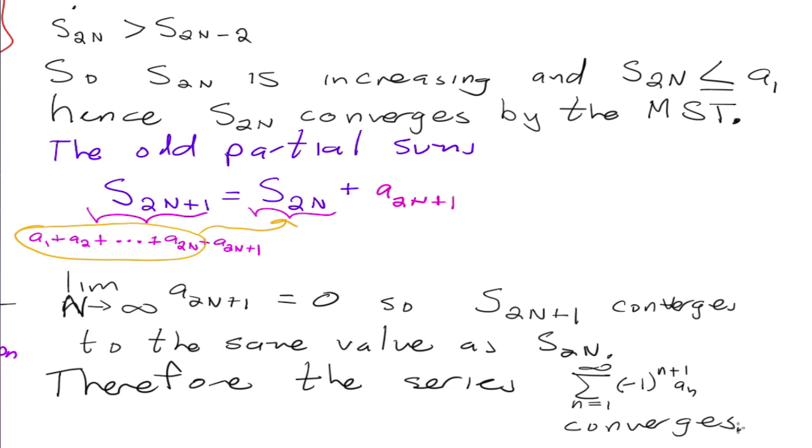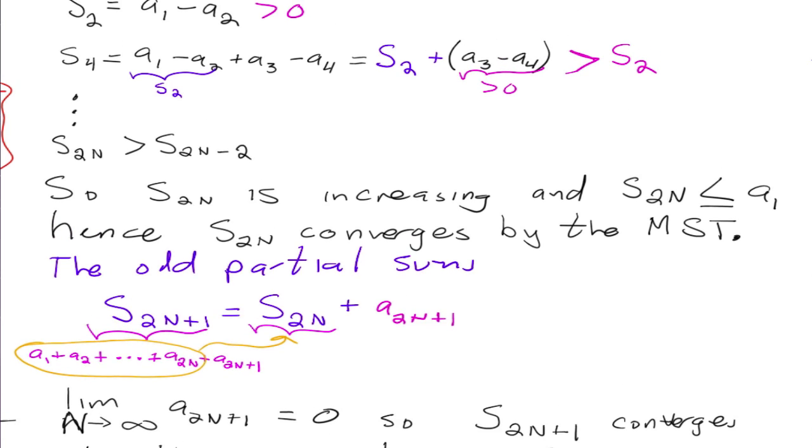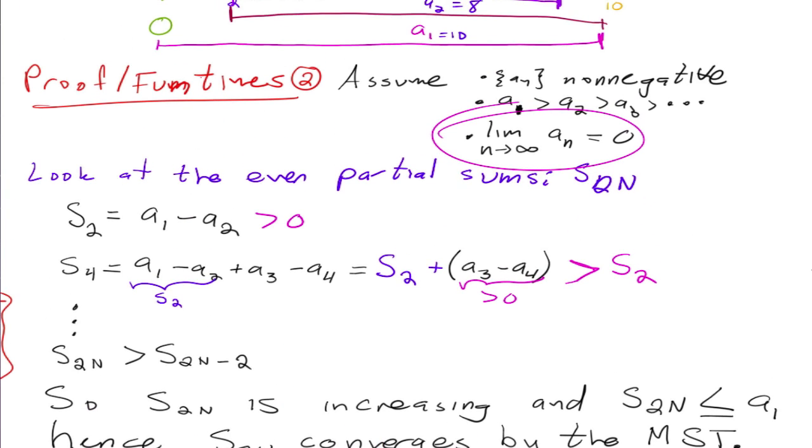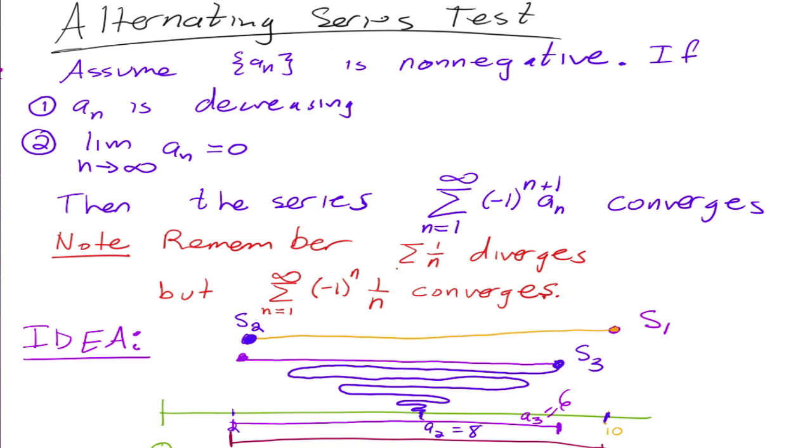Thumbs up? All around? Yeah. Okay, and just like before, remember, notice that in the assumptions we have that a sub n is decreasing and the limit as n goes to infinity of a sub n is equal to 0. Here we didn't note it, but we assumed that it was decreasing starting at 1.